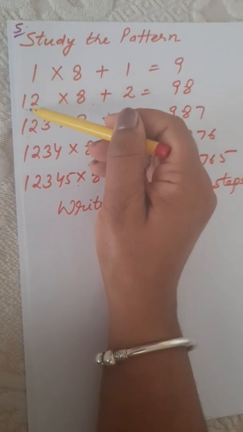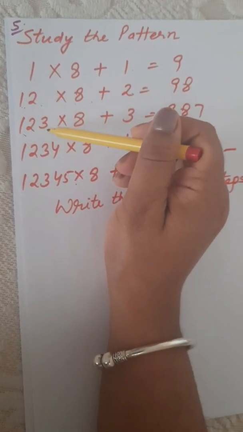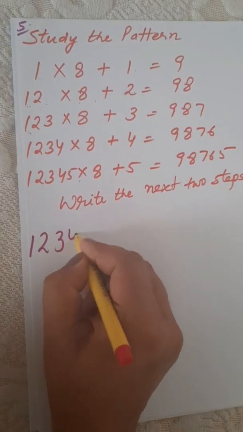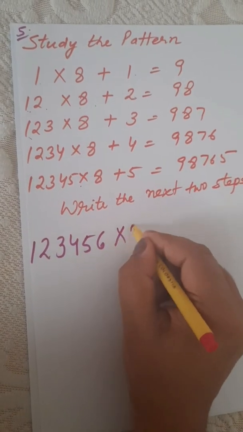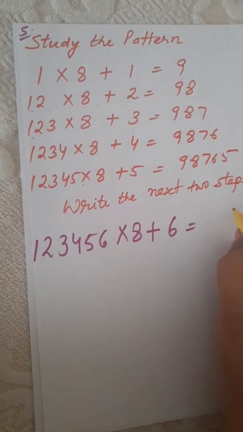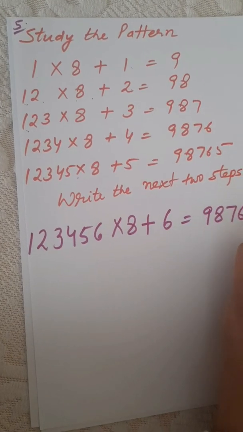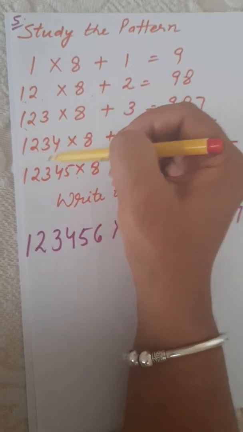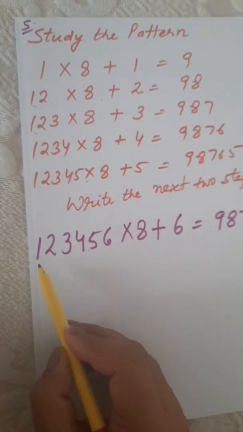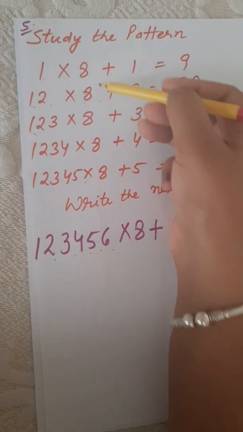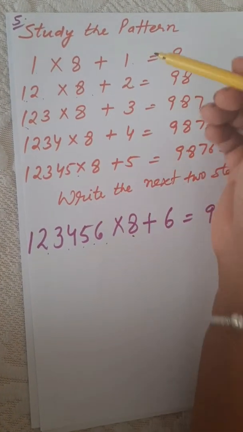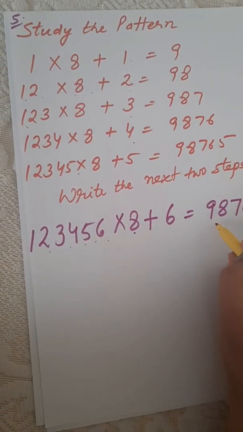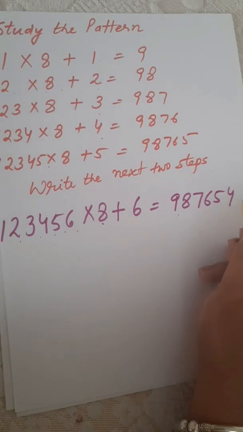In this the digits are consecutive, and if I follow the same pattern, I will write 123456 multiplied by 8 plus 6 is equal to 987654.